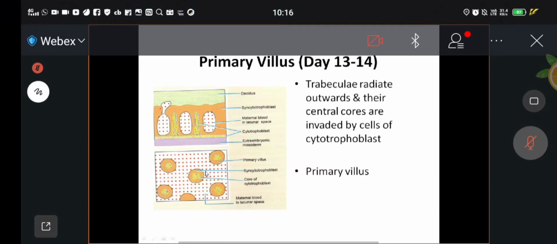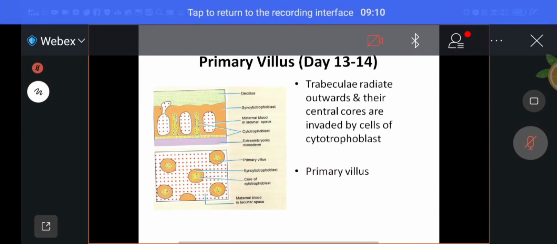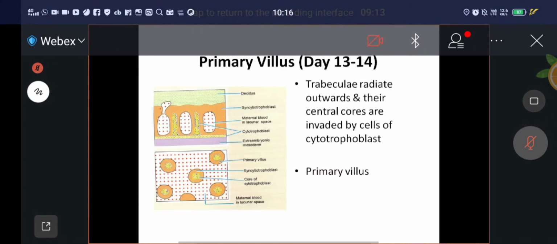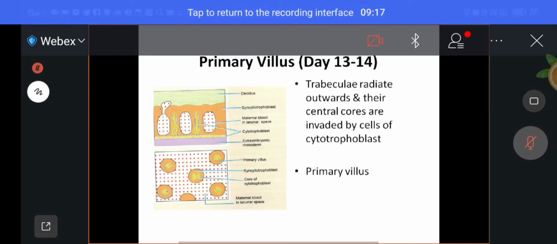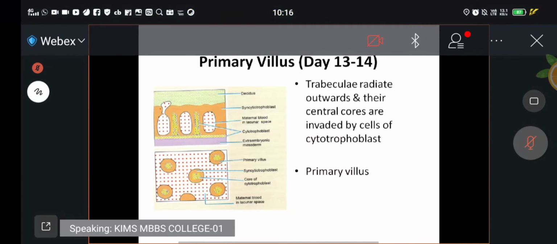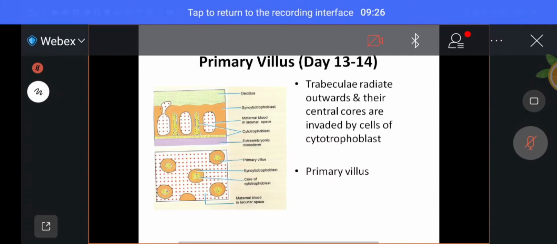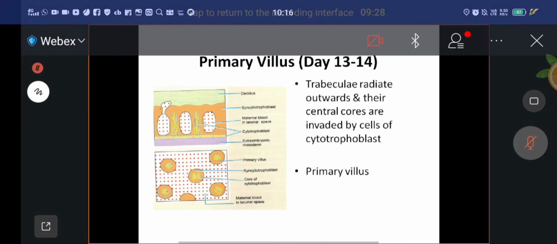Trophoblastic changes. Again, I'm repeating from the starting of this class. This trophoblast differentiates into two layers: the outer syncytiotrophoblast and the inner cytotrophoblast.